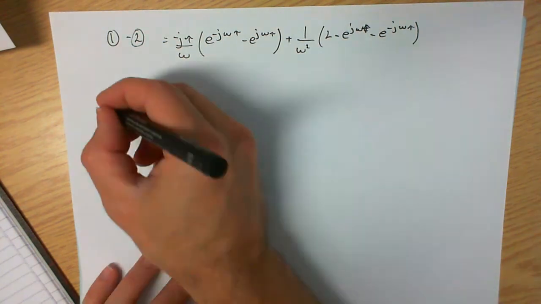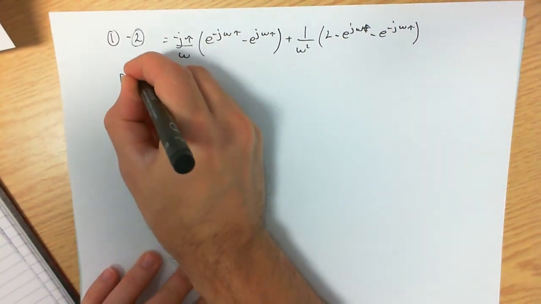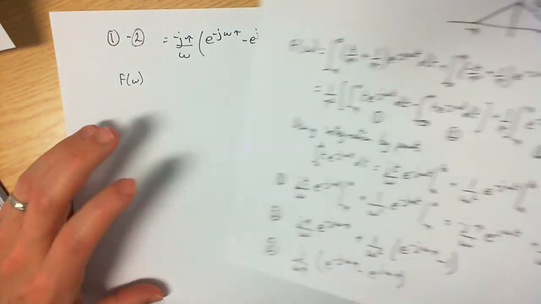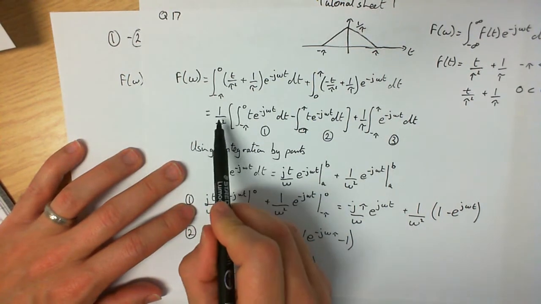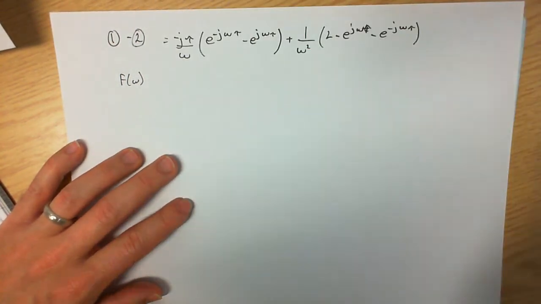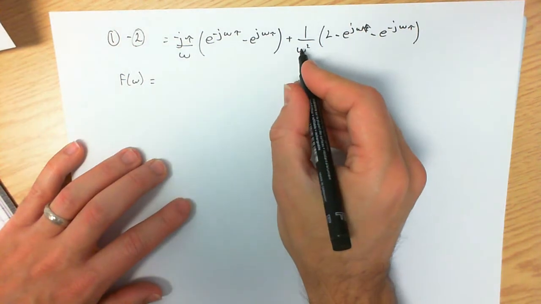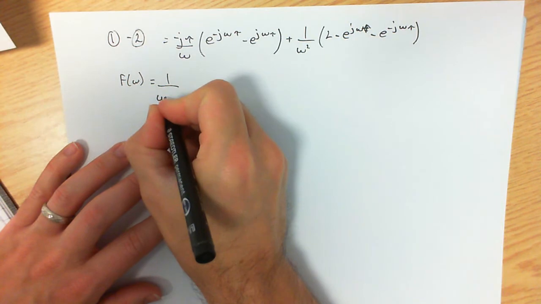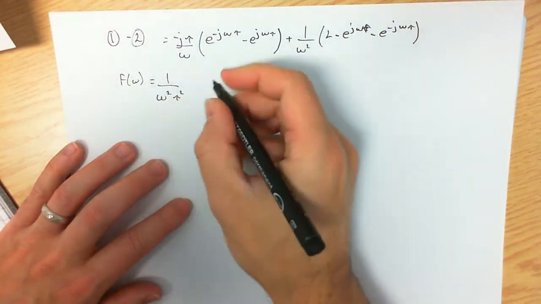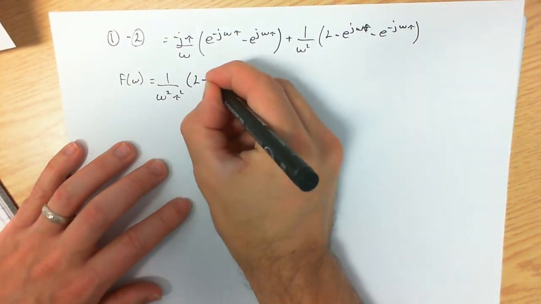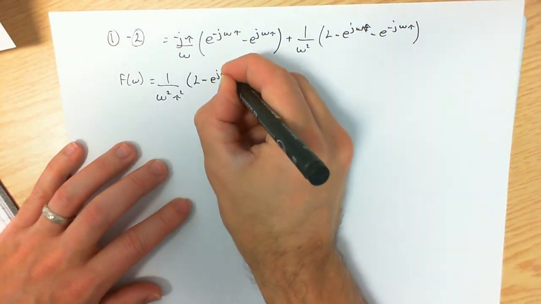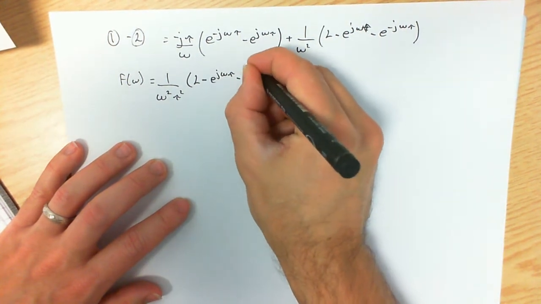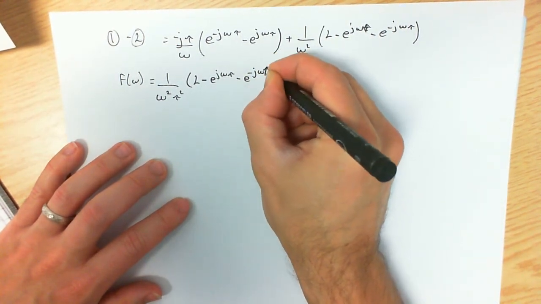So we've got everything we need now, so we can work out what our Fourier transform is, remembering that we have to multiply the difference between 1 and 2 by 1 over tau squared. So if we do that first, we have 1 over omega squared tau squared into 2 minus e to the j omega tau minus e to the minus j omega tau.